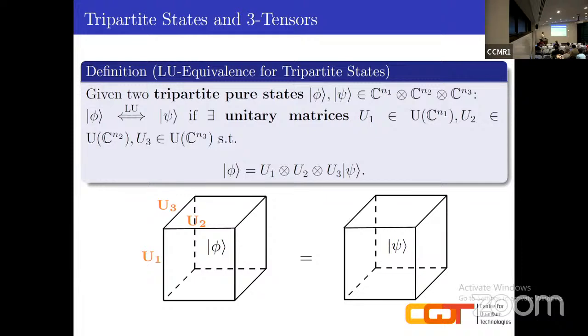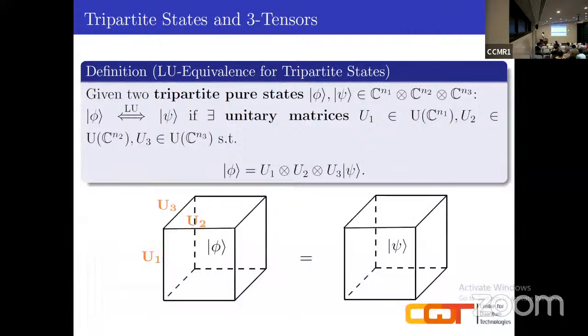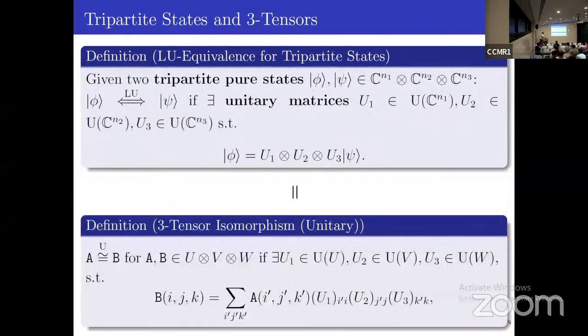It will send phi to psi. And so this is actually a 3 tensor isomorphism over the unitary group. So we will have this notation that A and B are unitary isomorphic in U tensor V tensor W, as long as I can find 3 unitary matrices satisfying this equation.